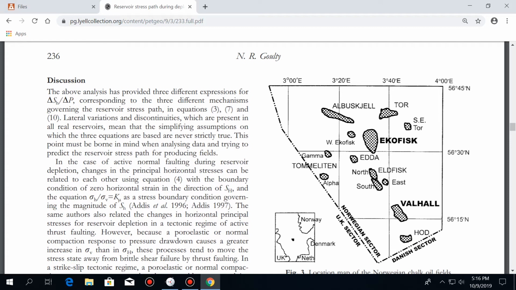For example, in Long Beach, California, in the 30s or so, there were big issues about subsidence, in which you would have subsidence in the order of 10 feet. We're talking in the middle of the city. So that's a lot.